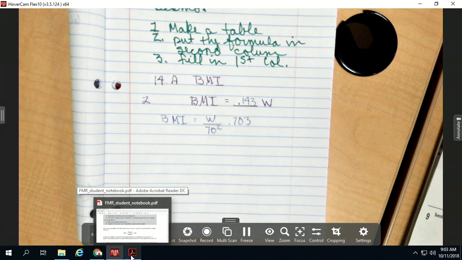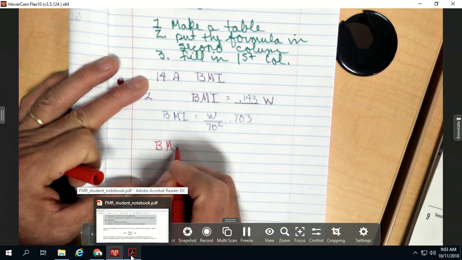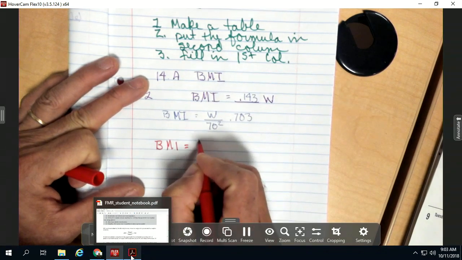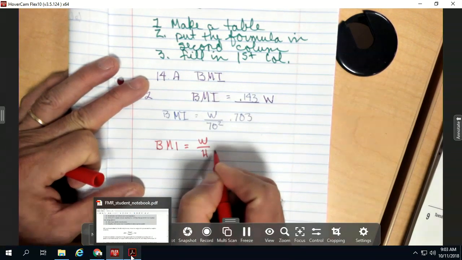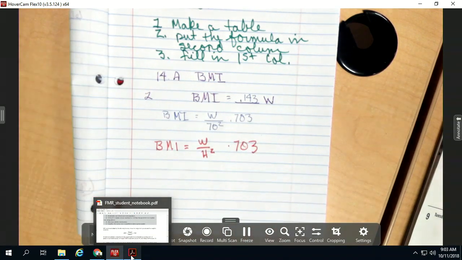But I want to show you the situation with the formula BMI equals weight over height squared times 703. Number of variables in this equation. 3, correct? 703 is a constant.